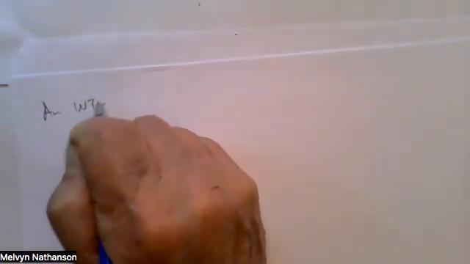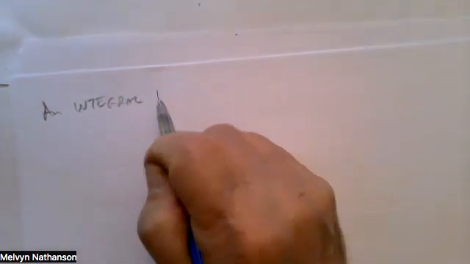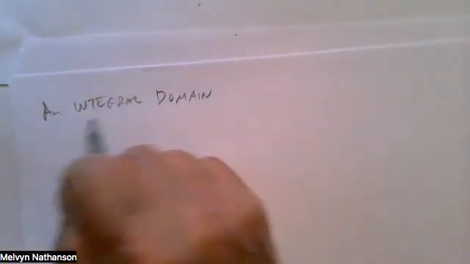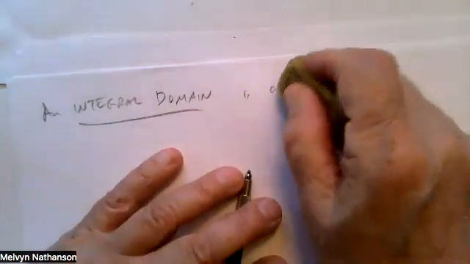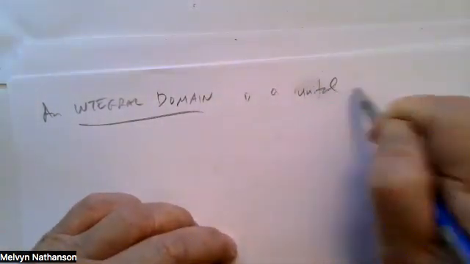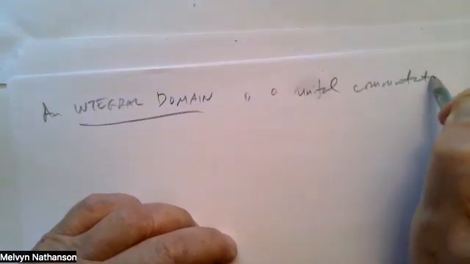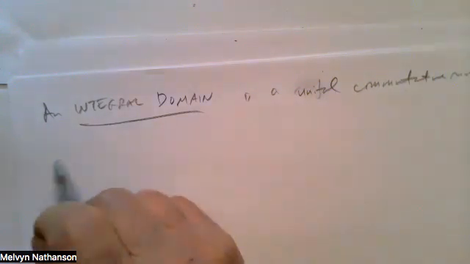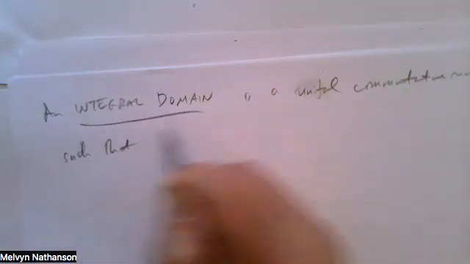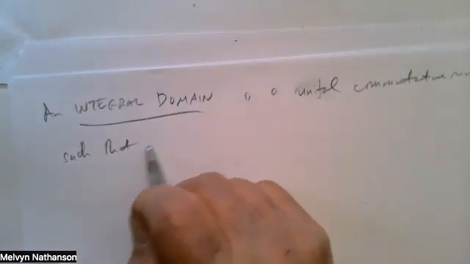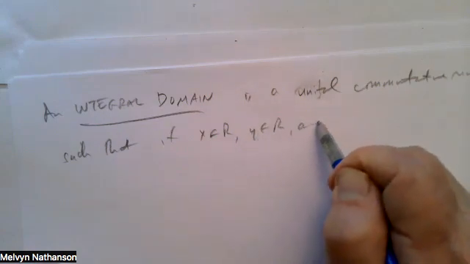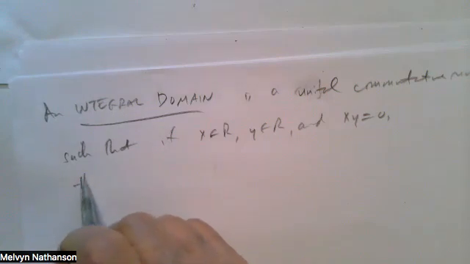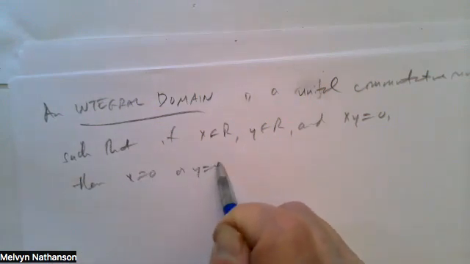What is called an integral domain is a commutative ring with a unit, such that for this ring R, if x is in R, y is in R, and xy equals 0, then either x equals 0 or y equals 0.